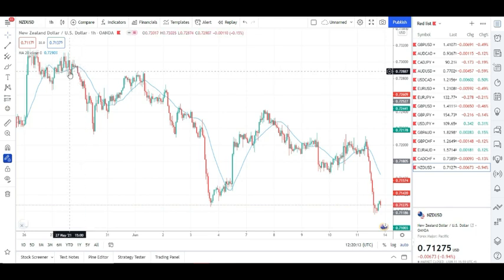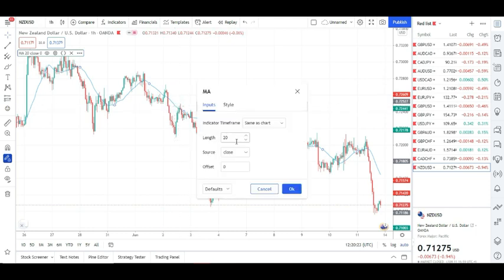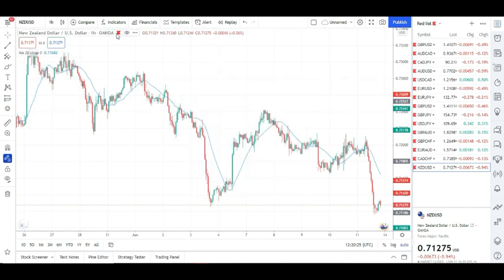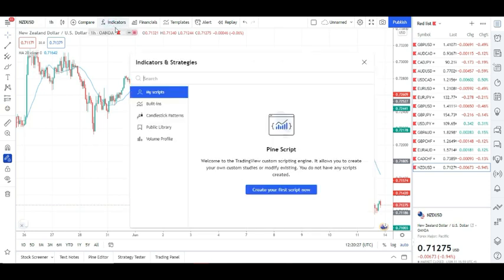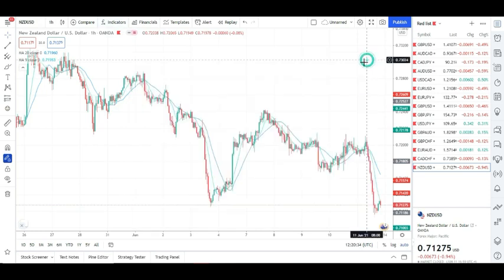It doesn't work in ranging markets. So the first one, let's put this as 50. This is 20. Okay, let's put another one. If you want to put another one, just write MA, as I explained. This is your moving average, simple moving average, right?